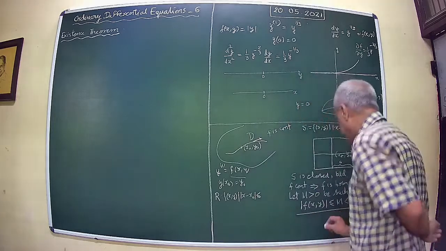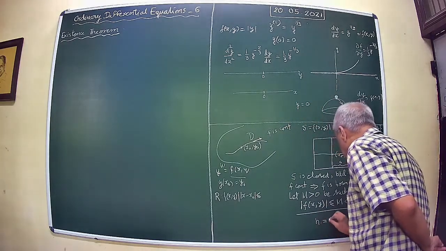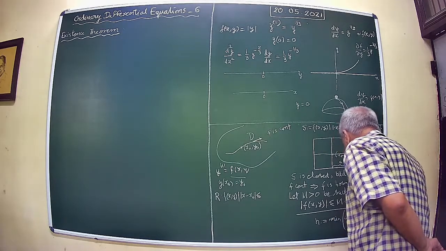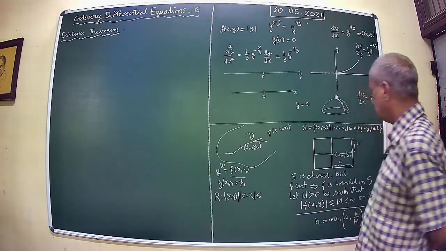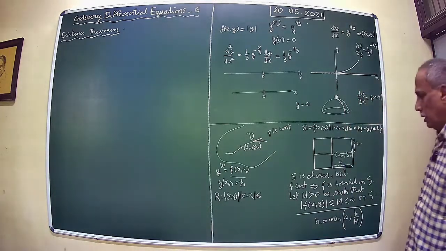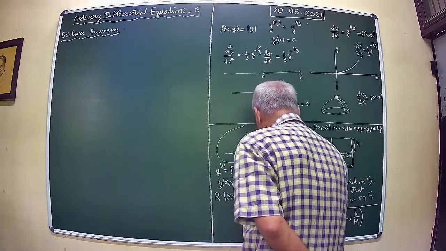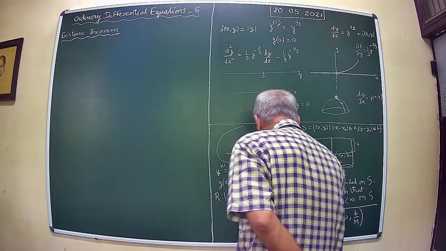Let me define h: h is the minimum of a and b by M.